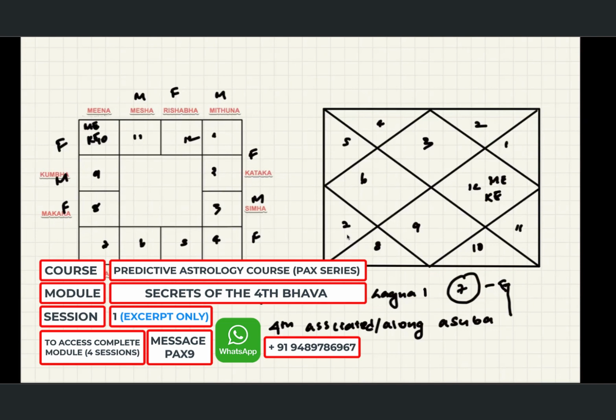So Lagna Lord getting into the seventh, but here we are choosing seventh in order to indicate after which event certain things started happening in your life. Here we are discussing beauty. So Lagna moving towards seventh, Kalatra. Fourth Bhava Lord is associated with Ashubha Graha and connected to the seventh. So after marriage, the beauty will diminish.